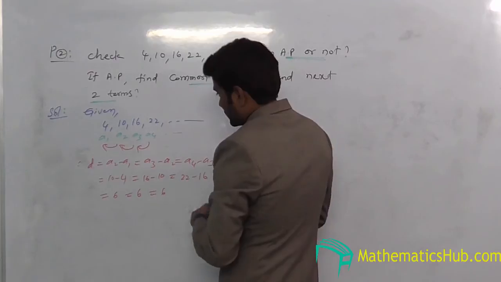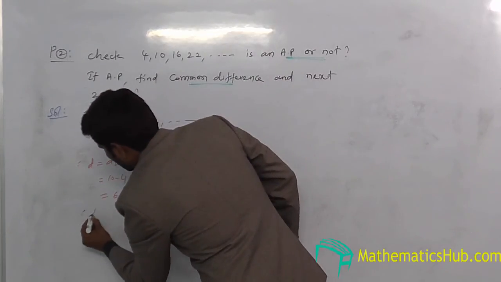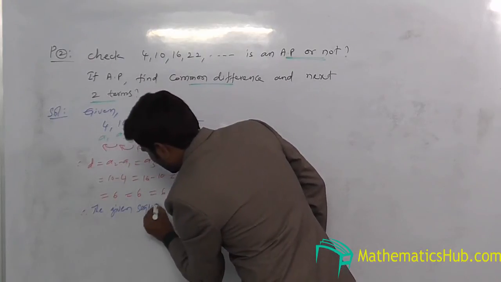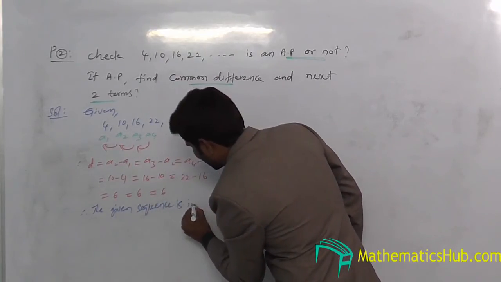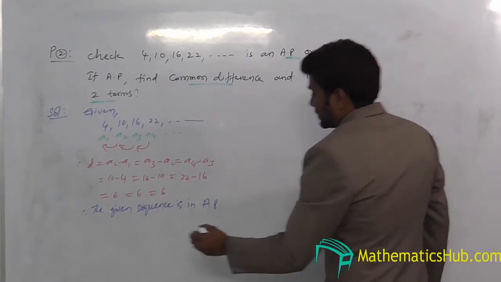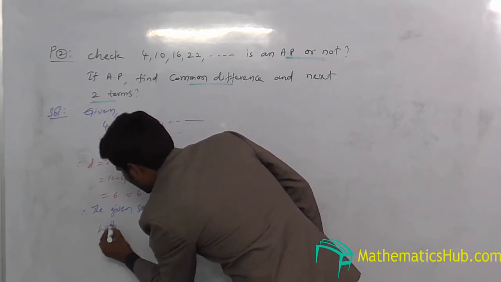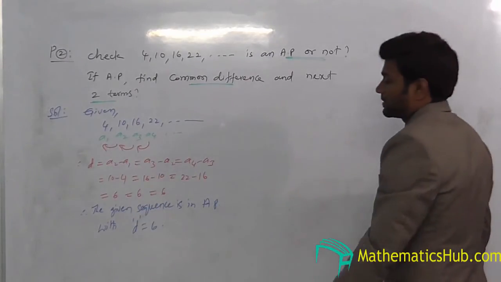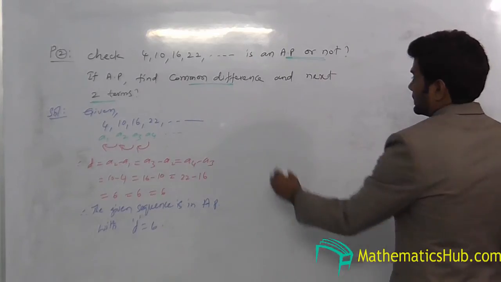Therefore, the given sequence is in AP with common difference D equals 6.